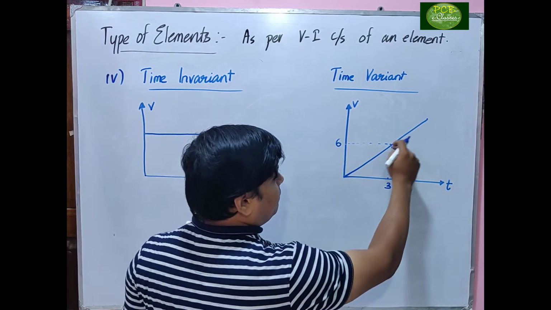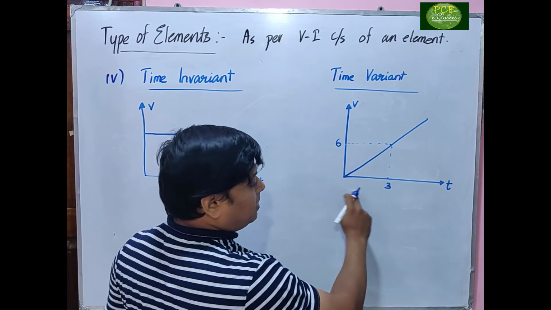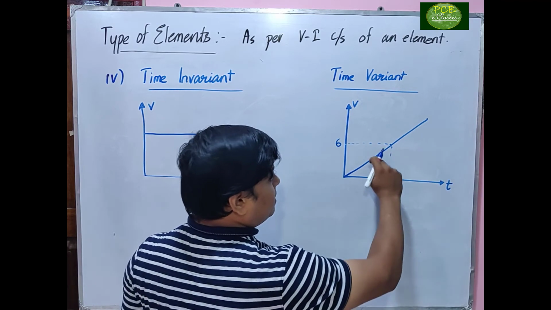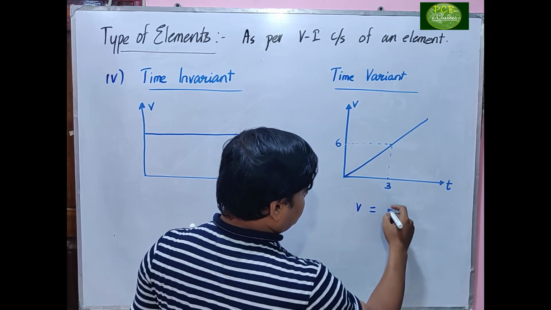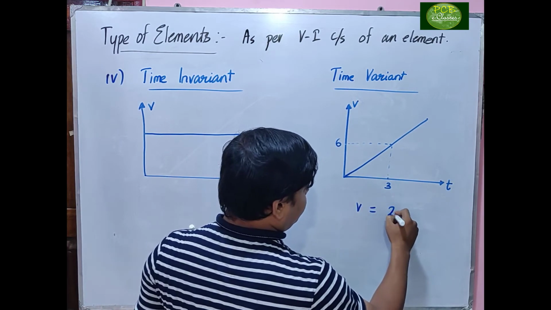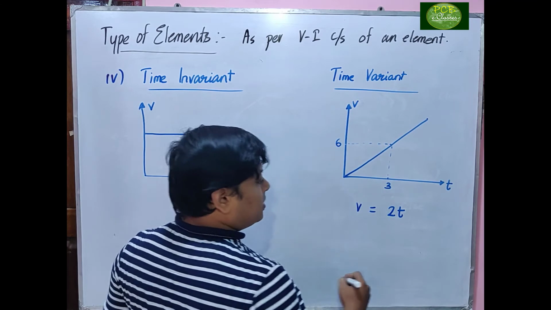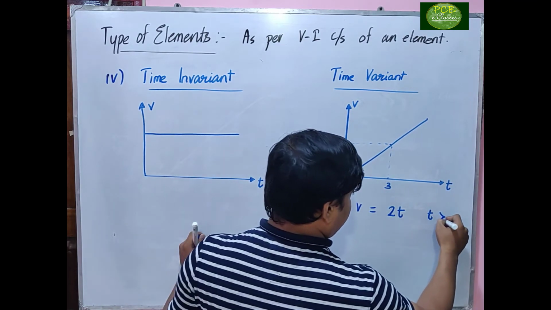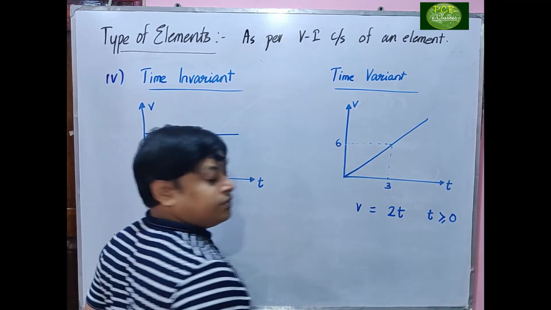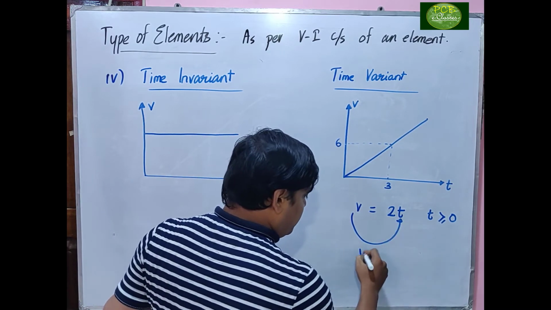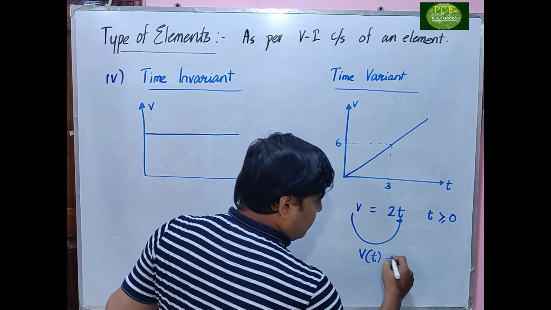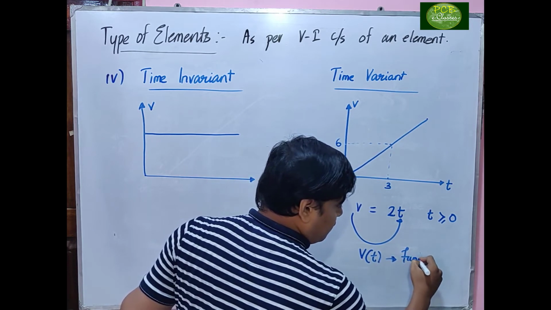The V value is varying with respect to time. As the time increases, the V value is also changing. What will be its equation? V equals 2t, for t greater than or equal to 0. So V is a function of time.